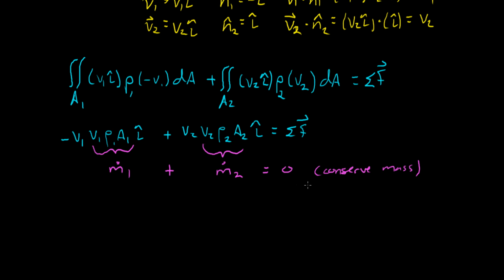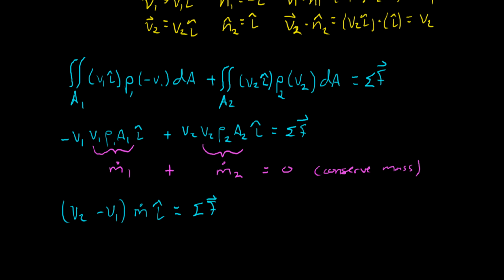And what that tells us is that we can call them m dot instead of m dot 1 and m dot 2 because they're the same value. And what that means we can do is write (v2 minus v1) times m dot times i hat equals the sum of the forces.